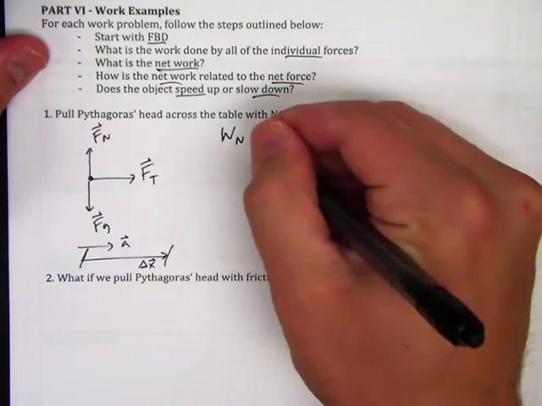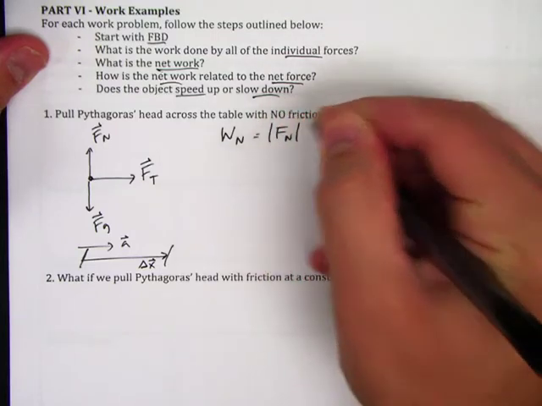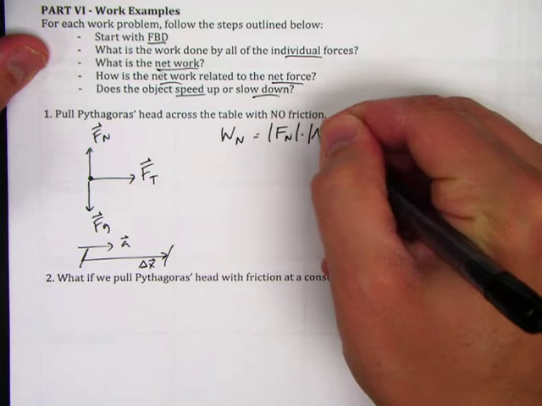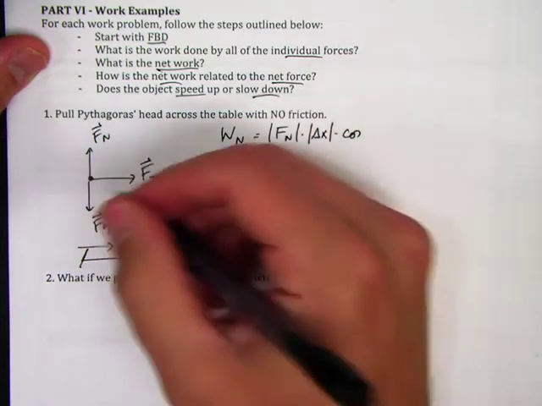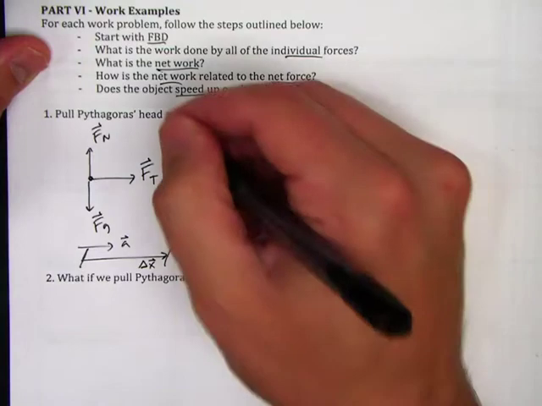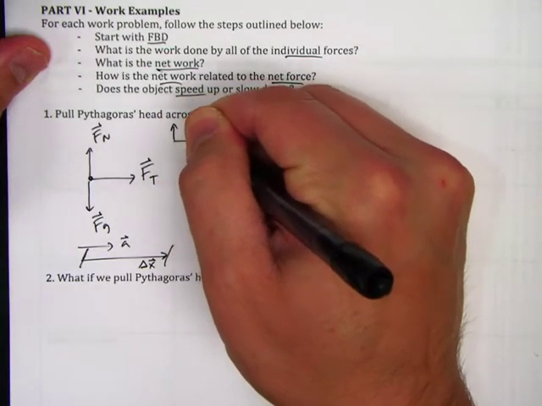So the work done by the normal force will be equal to the magnitude of the normal force times the displacement times the cosine of the angle between the two. Now, in this case, normal force is perpendicular to delta x.